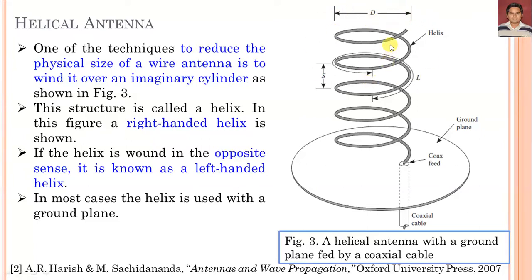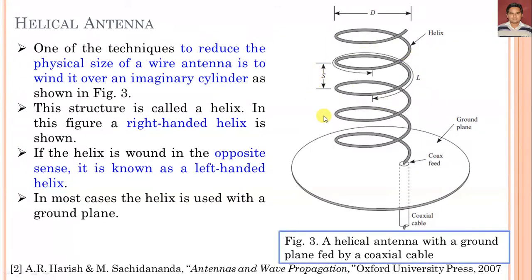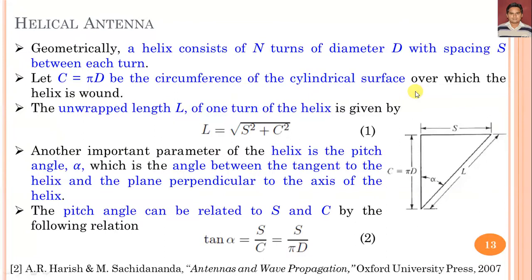By considering the geometrical parameters, we can calculate the circumference of the cylindrical surface, C equal to pi into D, where D is the diameter, and we have considered N number of turns.